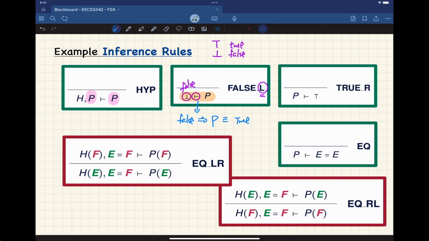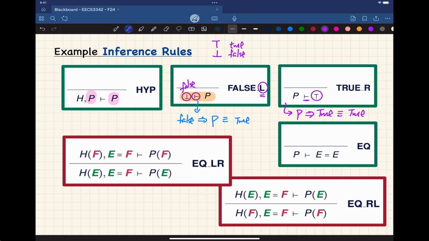And this one is something similar: if true appears to the right of the turnstile, that should be automatically proved too, right? It would be as if we say P implies true, that's equivalent to just true. That's also proved automatically.